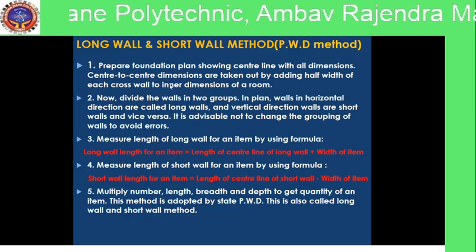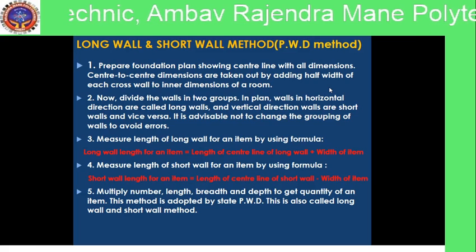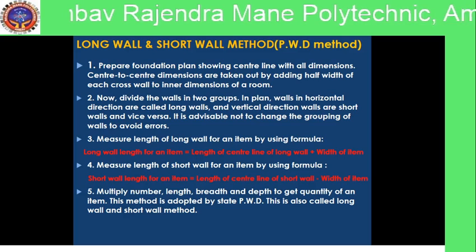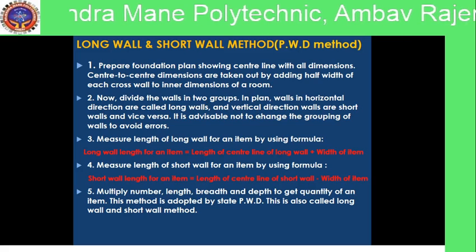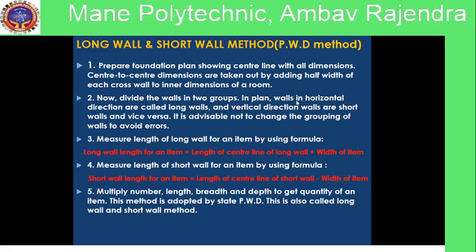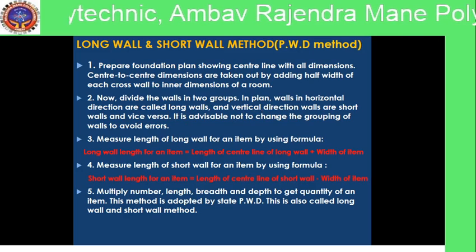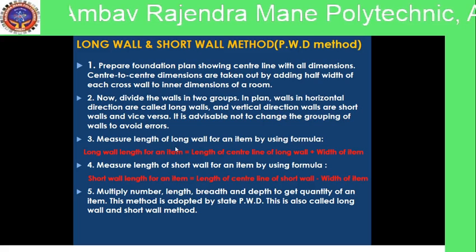Those center to center dimensions are taken out by adding half width of each cross wall to inner dimension of the room. Then now divide the walls in two groups in plan. Walls in horizontal direction are called long walls, and walls in vertical direction are called as short walls, and vice versa.